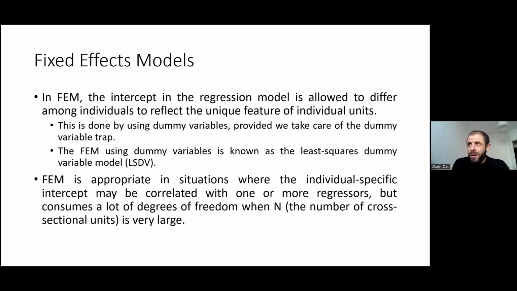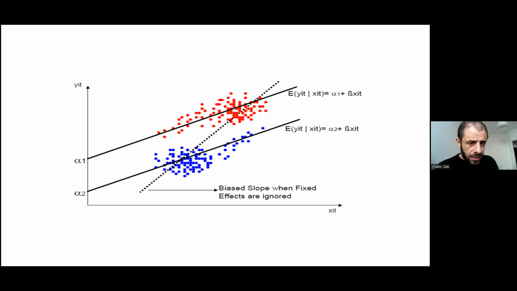That's a practical point, but the important and conceptual point is whenever we have a correlation between those unobservables and the regressors. Okay, so that's what you can see here in this graph. Let's first look at the dotted line that we have here, okay?